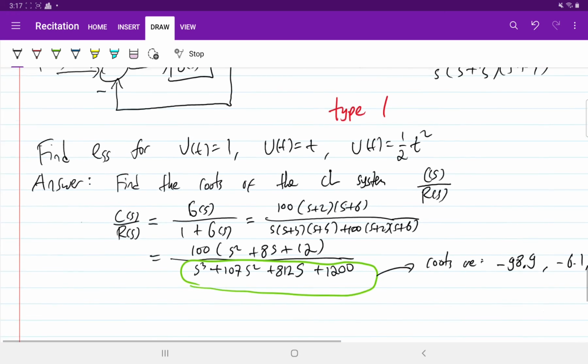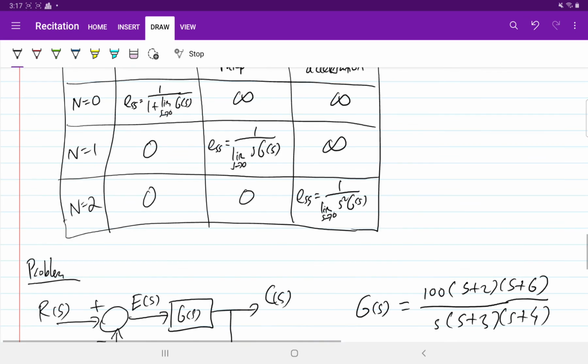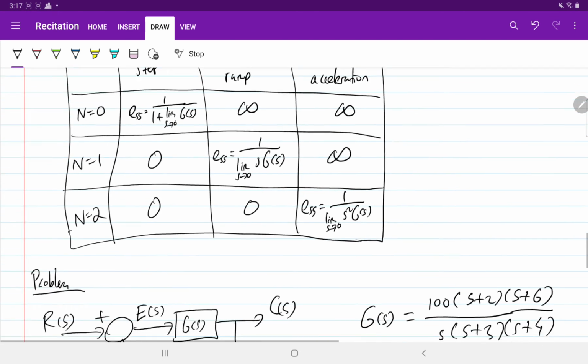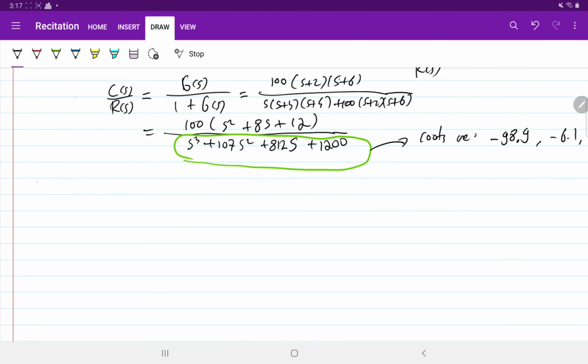Okay, we can use the table. Since this is type 1, we can focus on this row. For step input, we know that the steady state error for type 1 is 0. Okay, that's definitive. How about ramp? Then ESS is 1 over the limit as s goes to 0 of s times G of s, right?